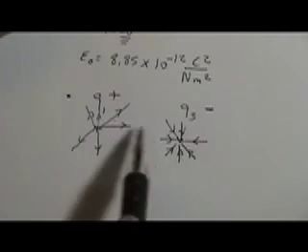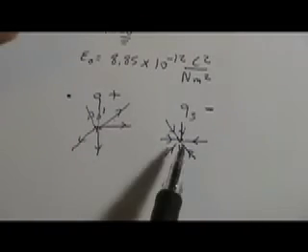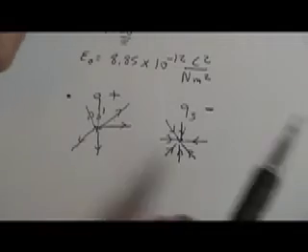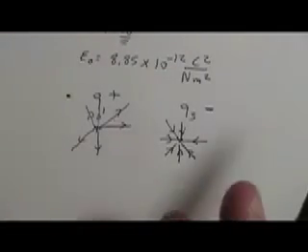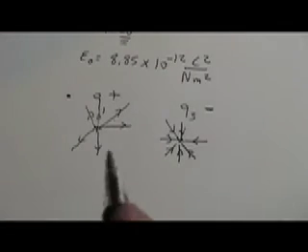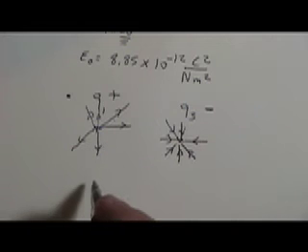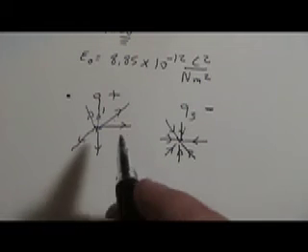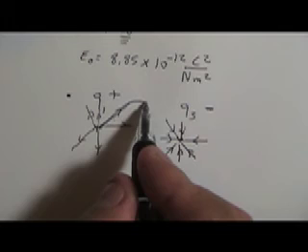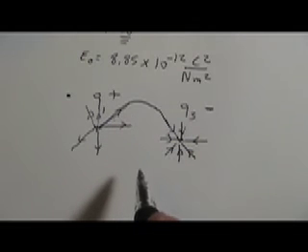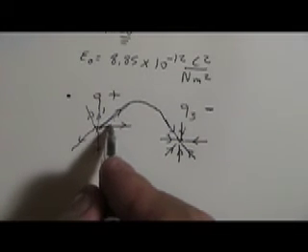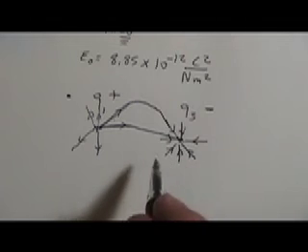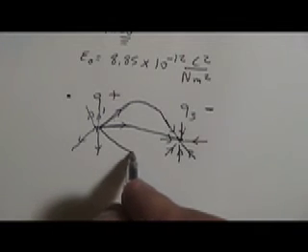These fields are like extensions of the charge that interact with another charge or with its extensions. So the field will come out of Q1 and go to Q3, like this.